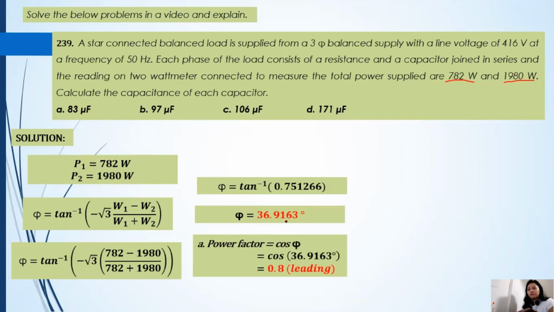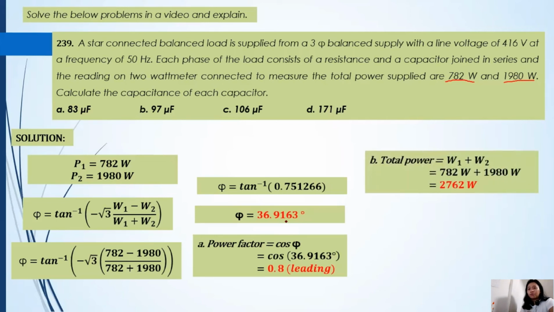So that is for the power factor. And the total power is just the first power plus the second power. So we have 782 watts plus 1,980 watts. So in adding the two powers, we have here 2,762 watts. So that is for the total power.